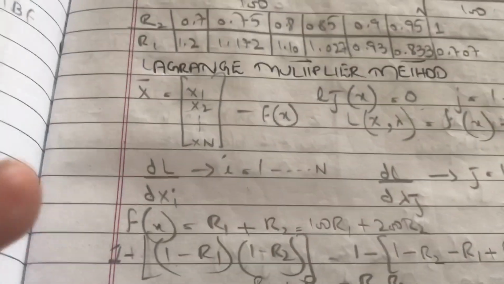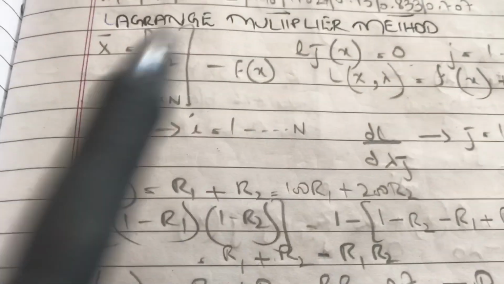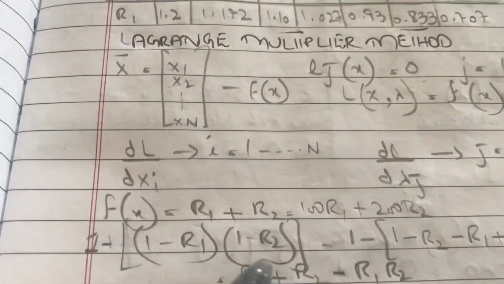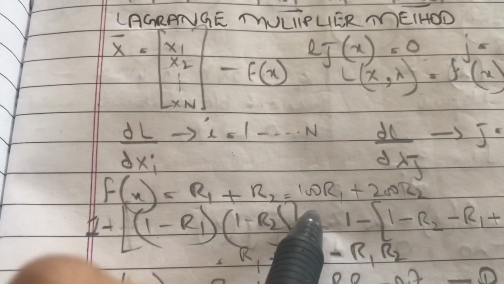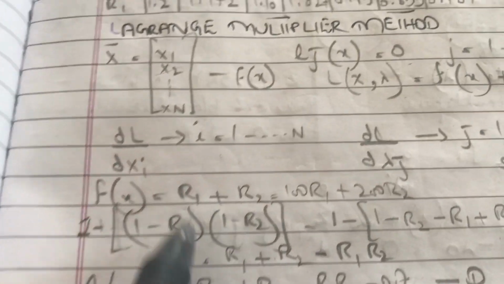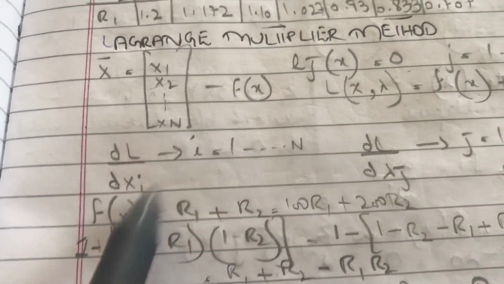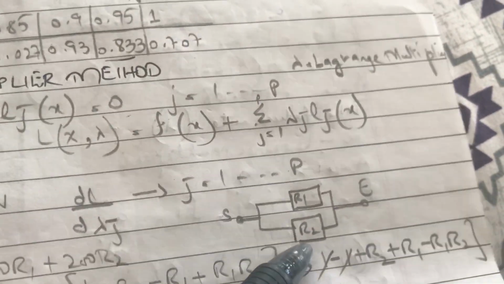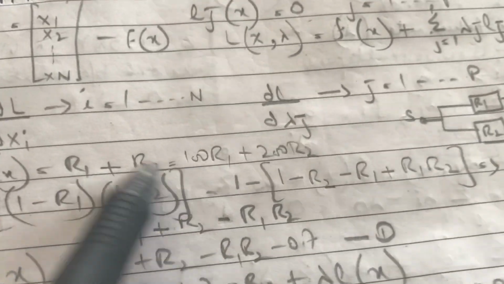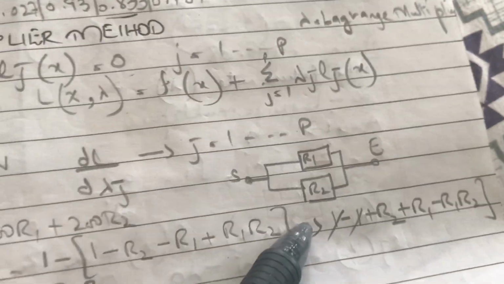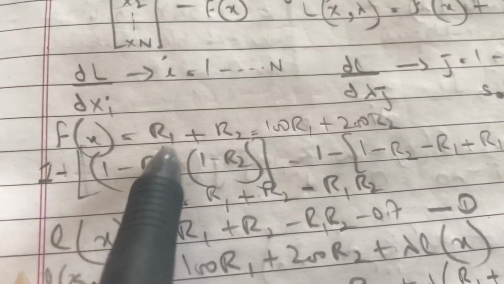So the same thing is happening here. F of x is a function that has a cost of c1 and c2, and c1 and c2 correspond to the reliabilities r1 and r2. That's why we are finding the cost. We are finding the reliabilities of r1 and r2 on this basis.